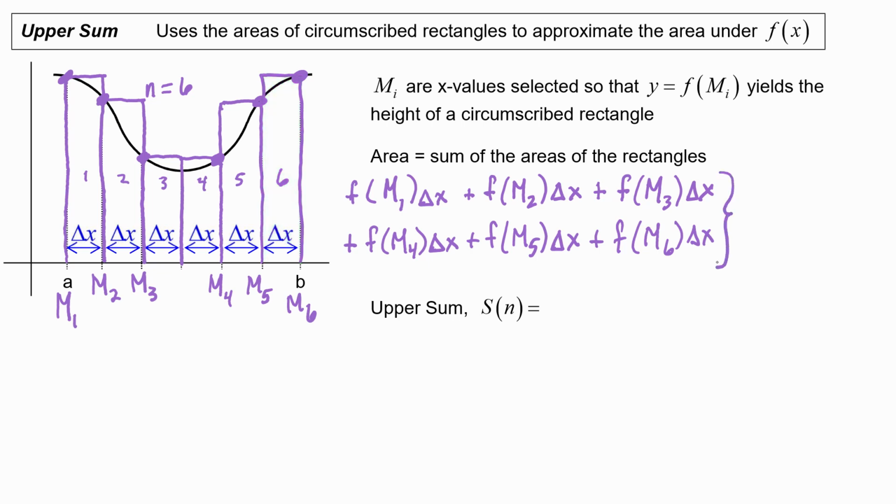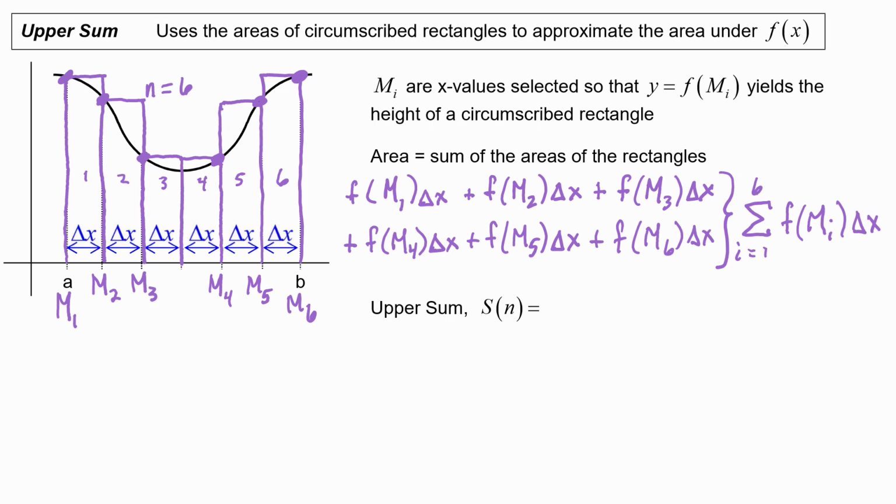And we can write this as a sum. i equals 1 to 6 of f of capital M sub i delta x. This summation says we will add up the areas of 6 rectangles. This is base, this is height.